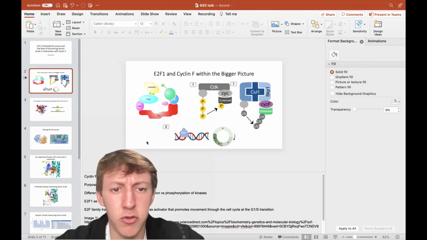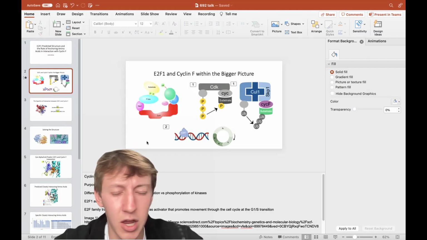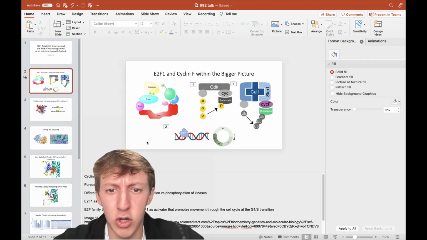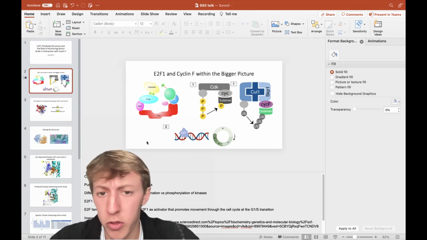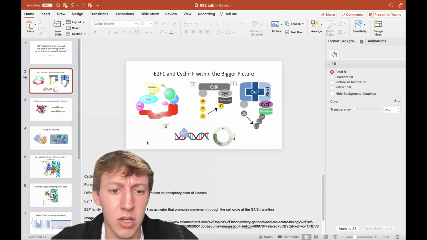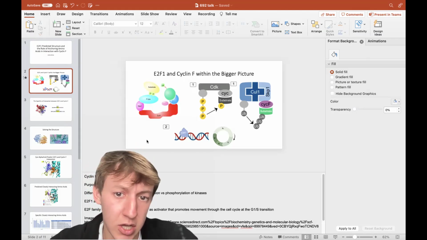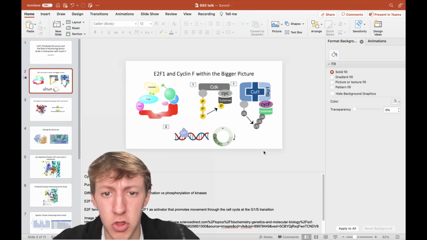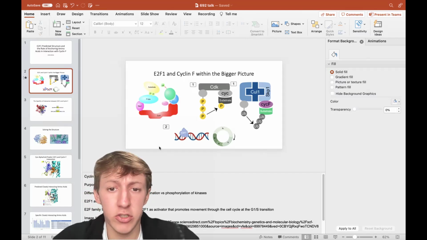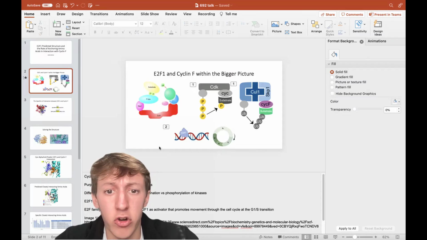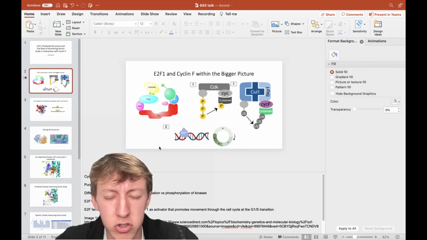If you've heard of cyclins before, you might be thinking that is not really what a cyclin usually does. So it's interesting to look at the difference between cyclin F and some other cyclins that we might know about, such as cyclin A. If you look at the images on the right side of the screen, you can see that some normal cyclins, such as cyclin A, are known to phosphorylate their substrates instead of adding ubiquitin groups to them.